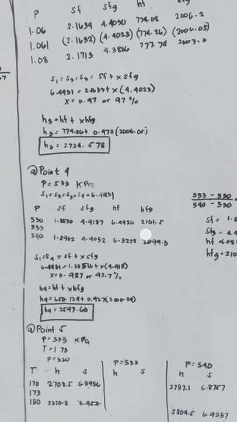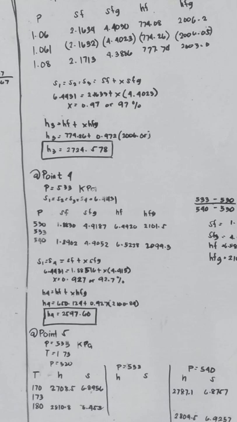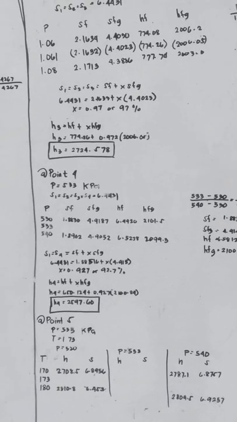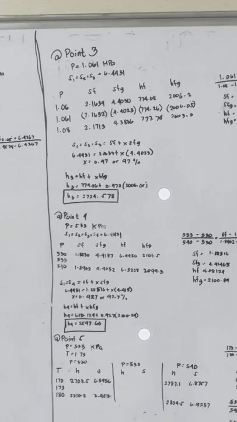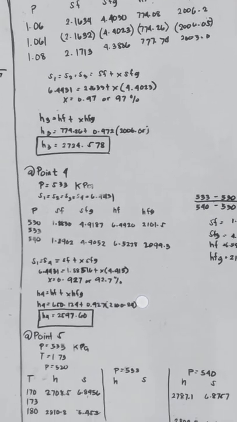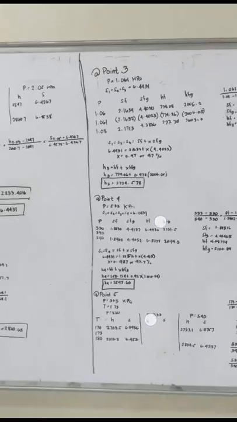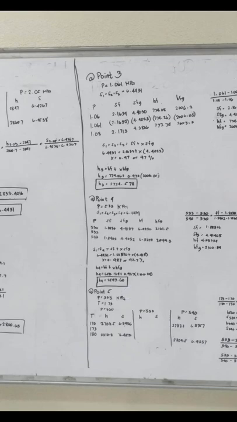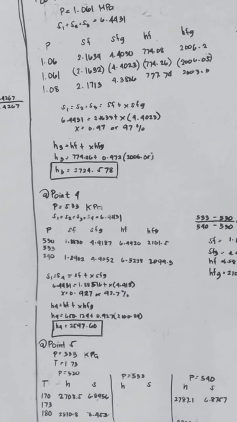At point 4, we have the given pressure of 533 kPa with the same specific entropy, s1 equals s2 equals s3 equals s4.